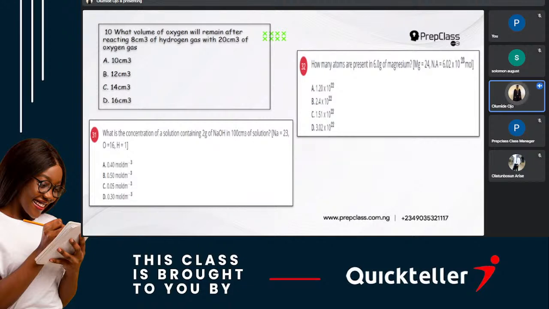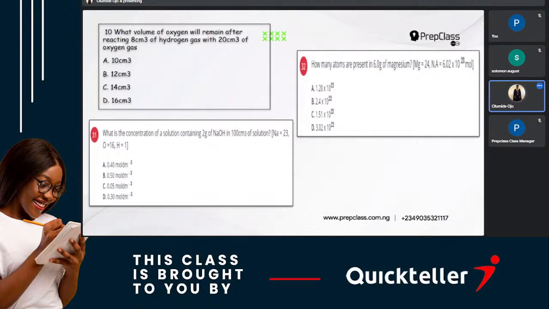So what do you have? The Avogadro volume: hydrogen is 2, oxygen is 1, and the water is 2. So 8 cm3 of hydrogen, under the 2, you put 8. Under the oxygen, which is 1, you put 20. Let's now look at the reaction.